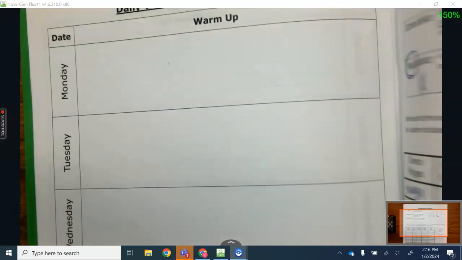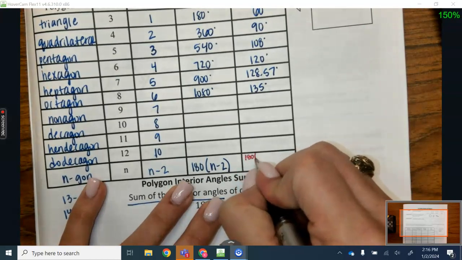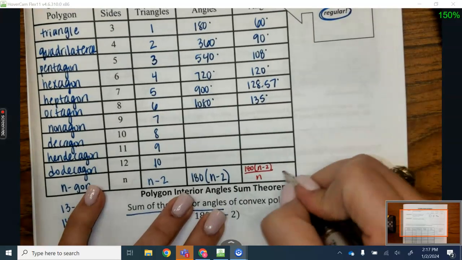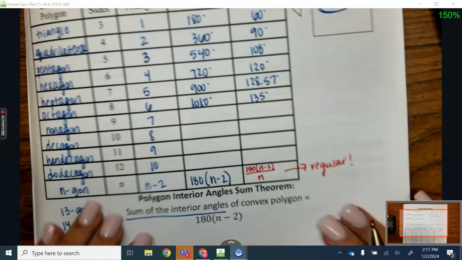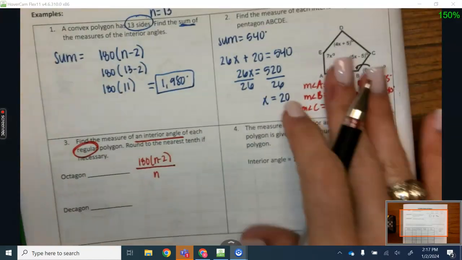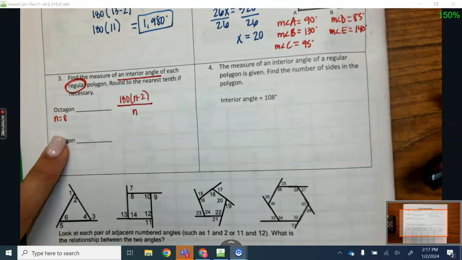We can actually put that in our table on page 1. Forgot to mention that. So I would take my sum, 180 times n minus 2, divide it by n, and this is only for regular polygons. Okay, so if I have an octagon, that means n is equal to 8.